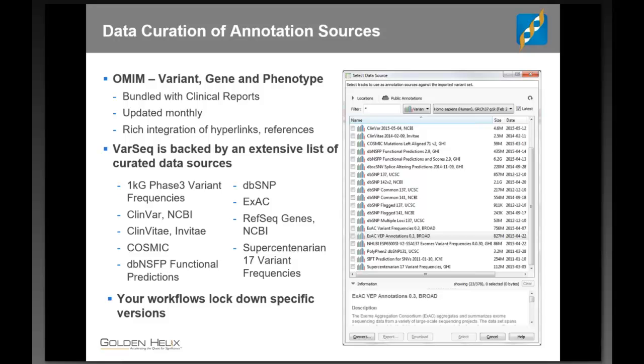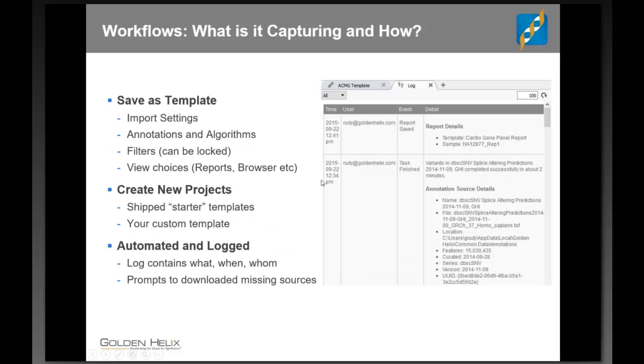We get a copy of these databases downloaded, it happens automatically, into your local install of VarSeq, and then it can be annotated and used against your data. So that's what we capture when we save a project: all of these settings, including, you can start with our starter templates, which we'll demonstrate here in a bit, which have a number of settings at a very good default depending on your workflow.